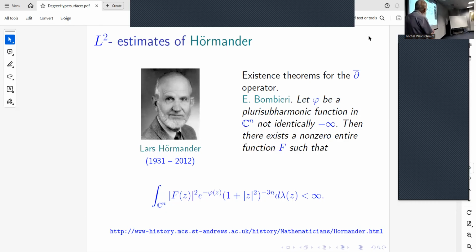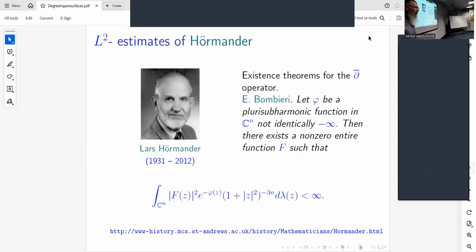So what it proved is the following. In fact, these were improved by Bombieri. We have a plurisubharmonic function phi on C^n, which is not identically minus infinity. There is a nonzero entire function f such that this integral is bounded. So it looks complicated, but what does it mean? We have to know what a plurisubharmonic function is.